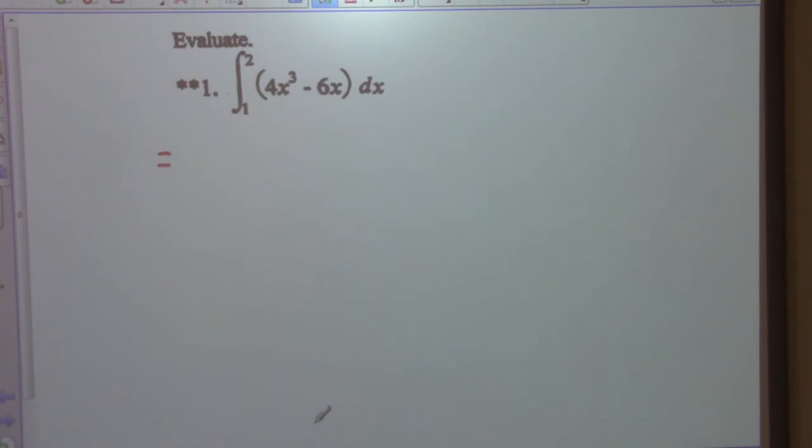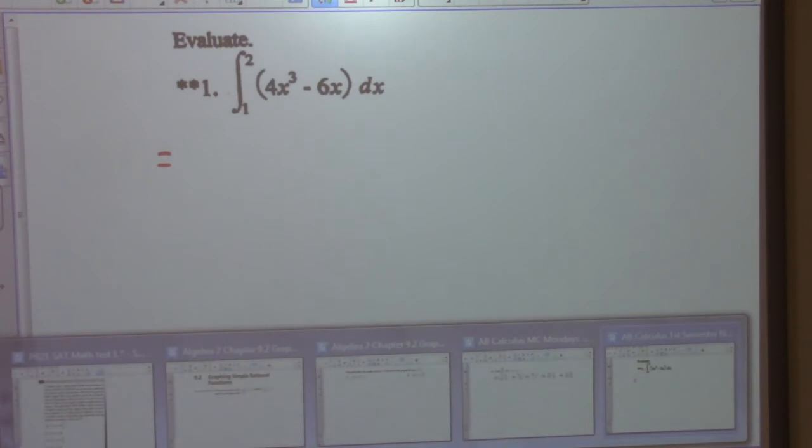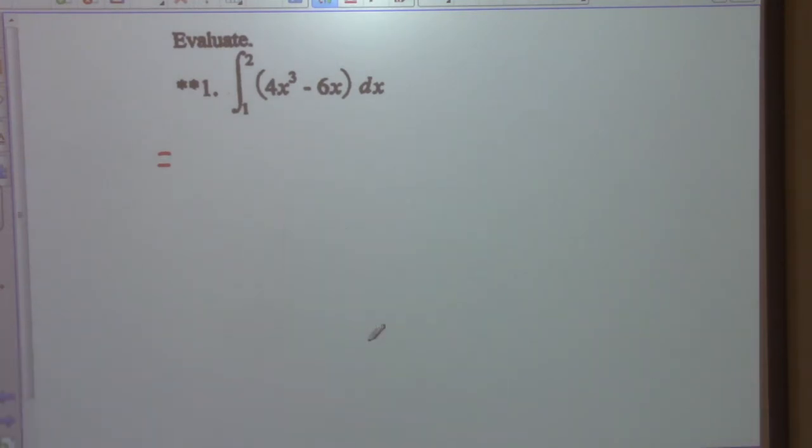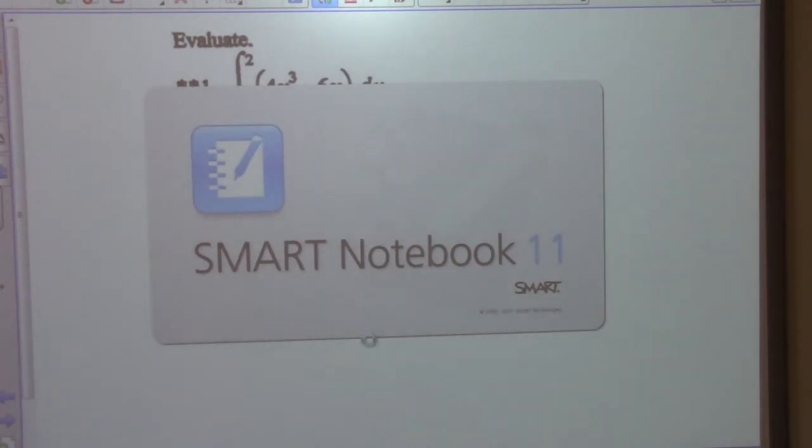And last week I had the Jason Foxtrot cartoon. Remember we talked about the notation in the cartoon? Remember that? Bob's Vegetable Garden. So let's go look at Bob's Vegetable Garden again. I'm not sure everybody was here. Did I bring up Bob's Vegetable Garden on Friday? Yes.